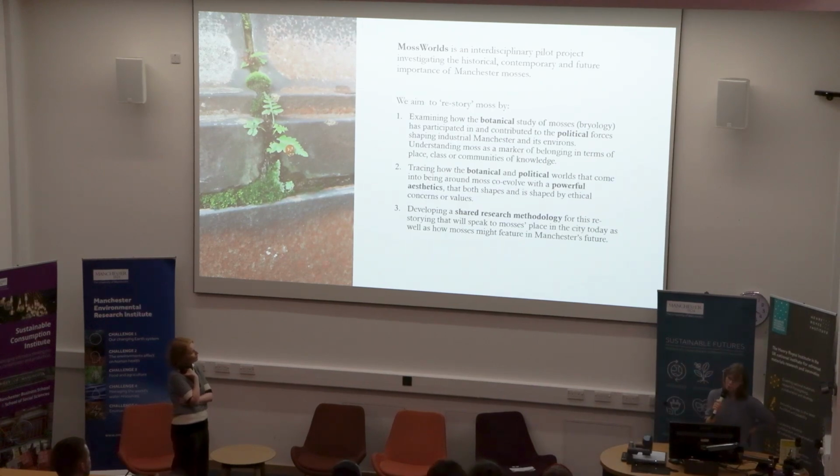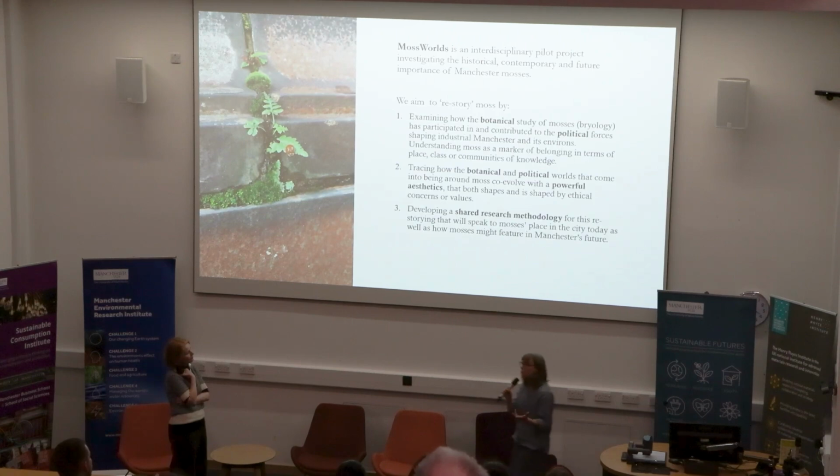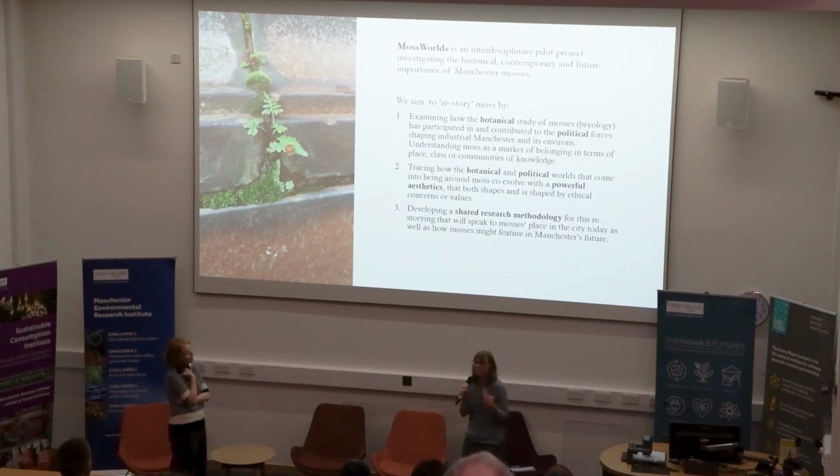And the third thing we're doing is developing a shared research methodology for this restoring that will speak to the moss's place in the city today, how mosses might be useful. We're thinking about the uses of moss in the sponge city movement, and the ways that identifying, understanding and seeing mosses, because that's the other thing about mosses, is that they're easily overlooked and ignored.